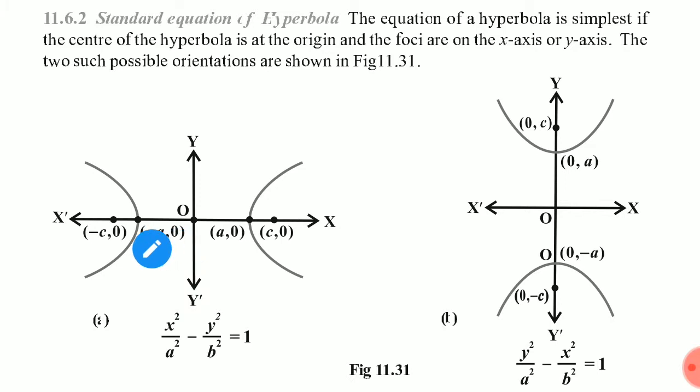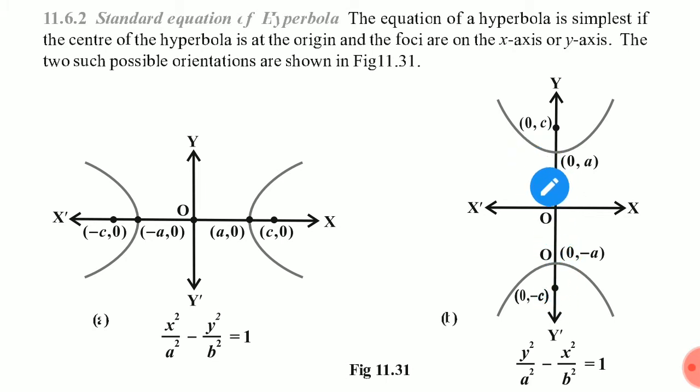Here the vertices are (a, 0) and (minus a, 0), and the foci are (c, 0) and (minus c, 0). So the equation becomes x square upon a square minus y square upon b square equals 1. This is the equation for the horizontal hyperbola. Now what is the equation for the vertical hyperbola? If the orientation changes, the coordinates of the points are the same but reversed.